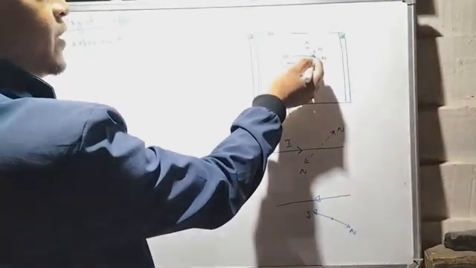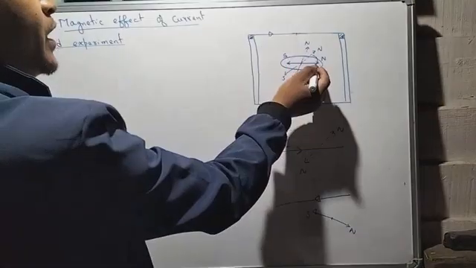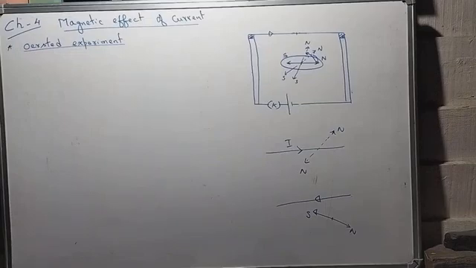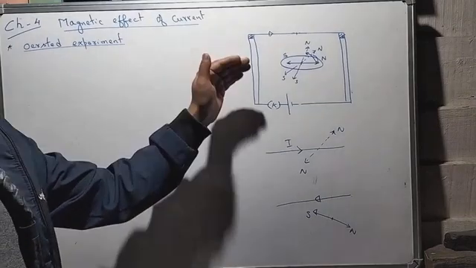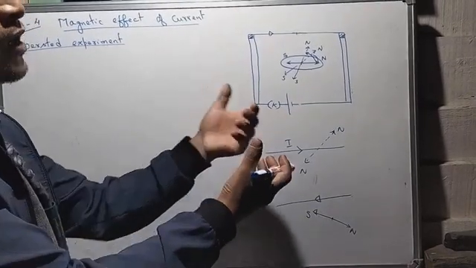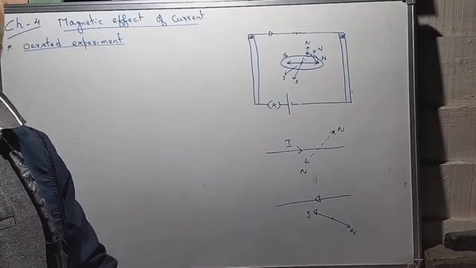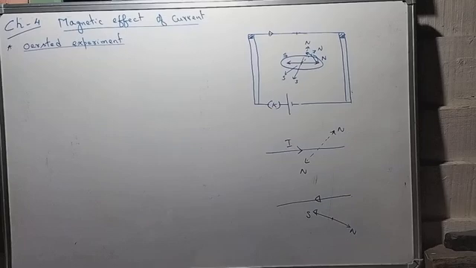Before it goes till here, but now when the current in the wire is increasing, the deflection of the needle is more. So when the current is more, it means the magnetic field around the wire is more. Because of more magnetic field, there will be more deflection of the magnetic needle. So that is the second conclusion.